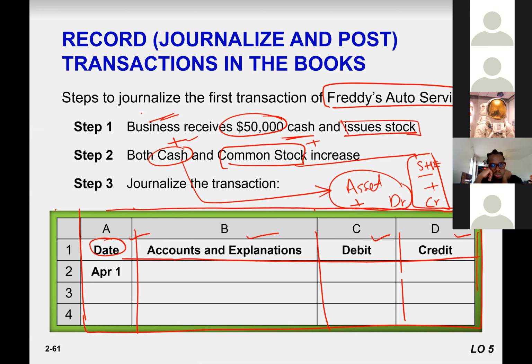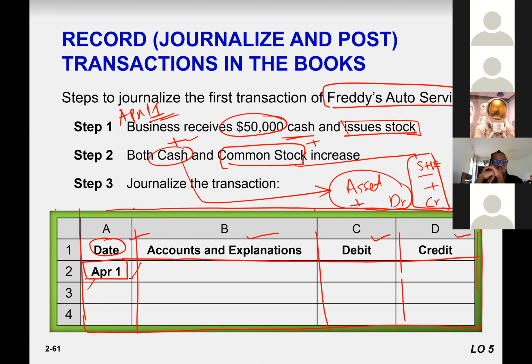So this is the April 1st transaction. You write down April 1st because the journal records the transaction chronologically, in order. So that's why you write it down.